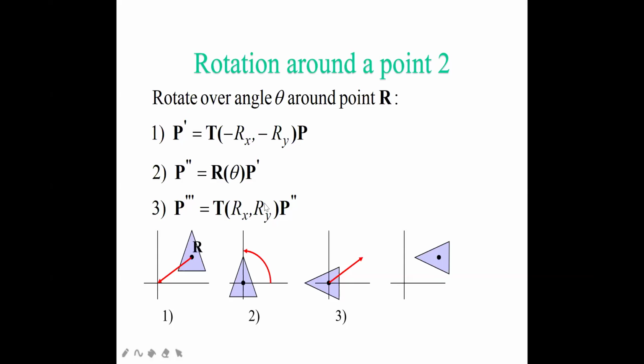I'm not going upward, I'm going downward, so my x and y will be in the negative direction. I write translate, and you can give any point name, because here R is given, so I write Rx comma minus Ry. Then you multiply with the initial point, that is P. So the first step is this.